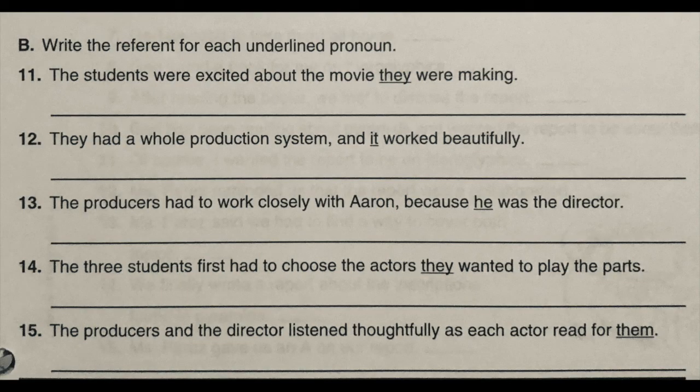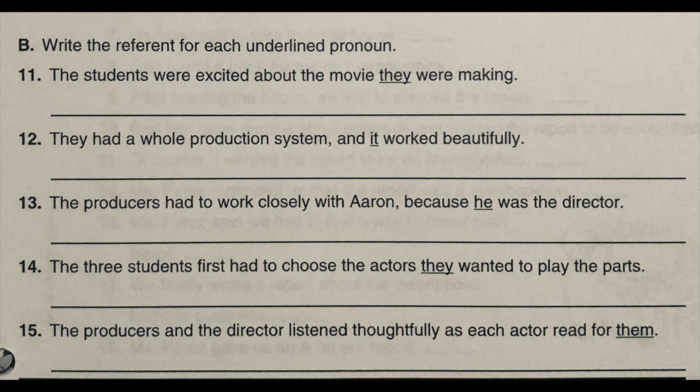All right, and let's look at part B. The instructions say write the referent for each underlined pronoun. Number 11, the students were excited about the movie they were making. So you can see they is the pronoun that's underlined. So if it's they, are you looking for a noun that's singular or plural? They implies plural.